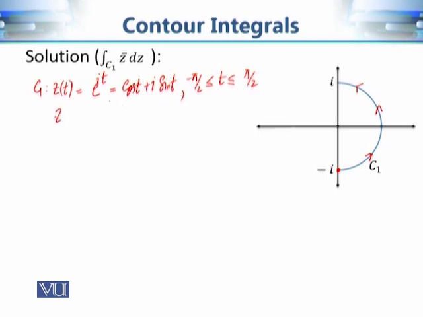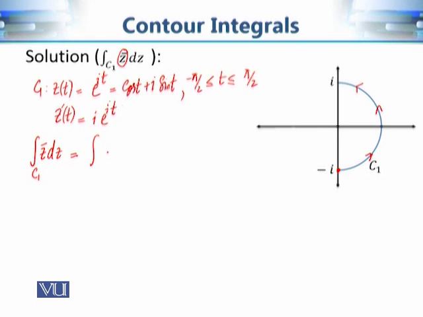We also know from the formula of contour integration that we need z prime of t as well. This is going to be equal to iota e raised to power iota t. Now, let's evaluate z conjugate along the contour C1. According to the formula, this is going to be equal to f of z of t. What is f of z? F of z is z conjugate.